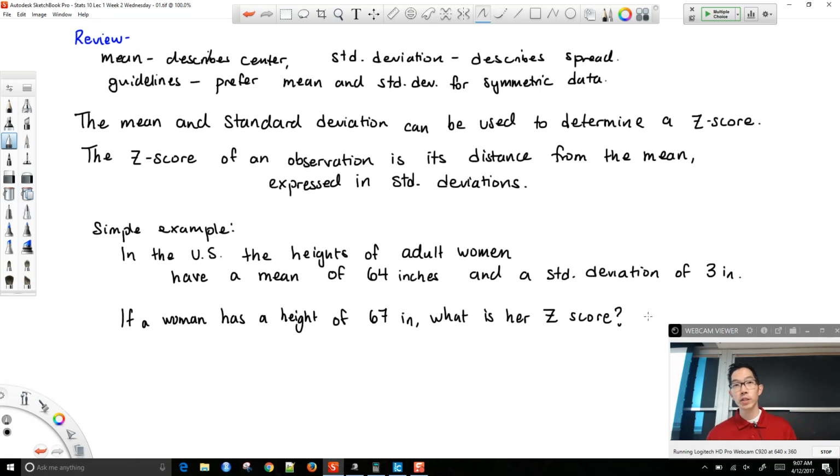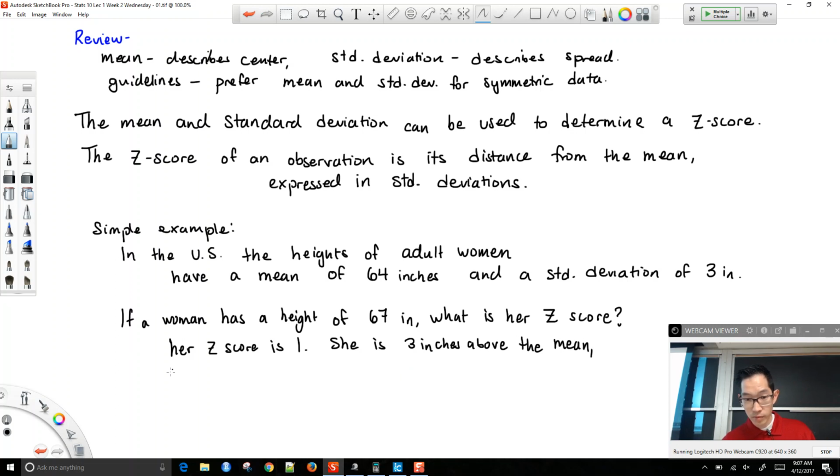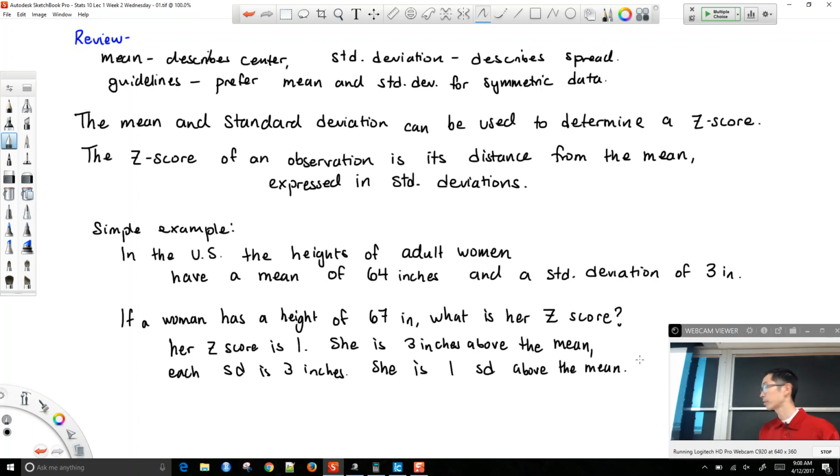She is 1 standard deviation above the mean. Okay, is that all right?